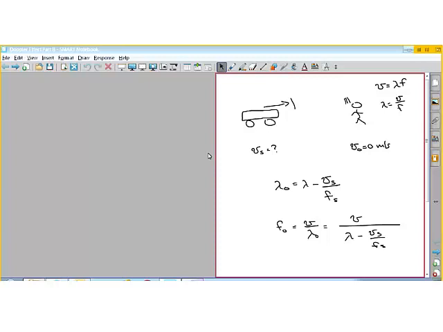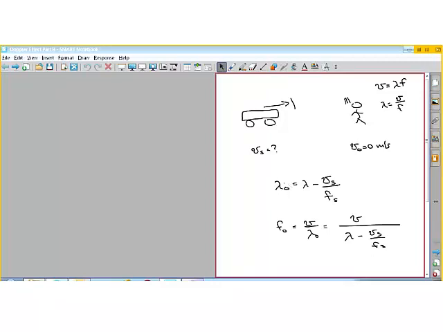Again, the part B. So we looked at the first case, the observer moving towards the source. The second case is when the source is moving either towards or away from the observer. The observer is stationary. So the velocity of the observer is 0 and the velocity of the source is something else.